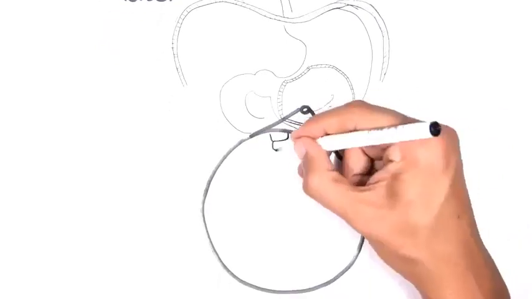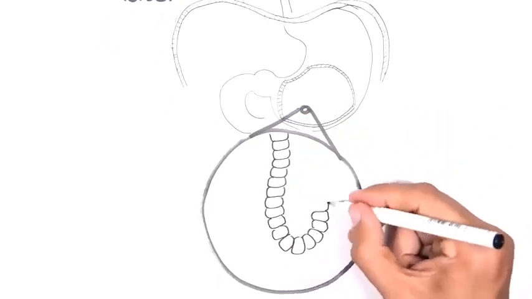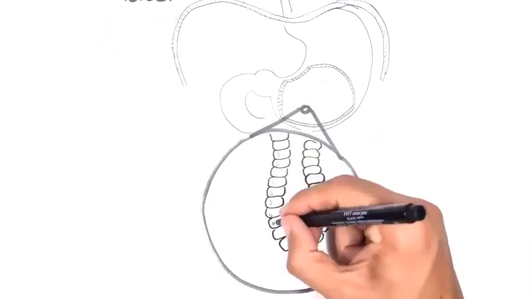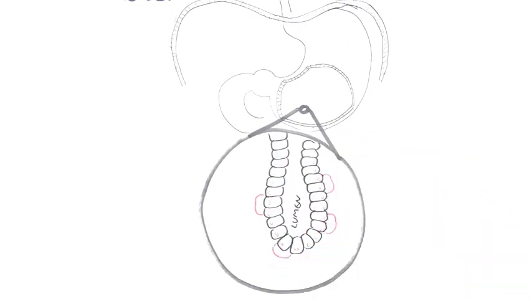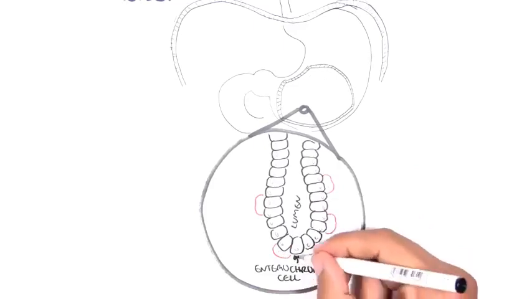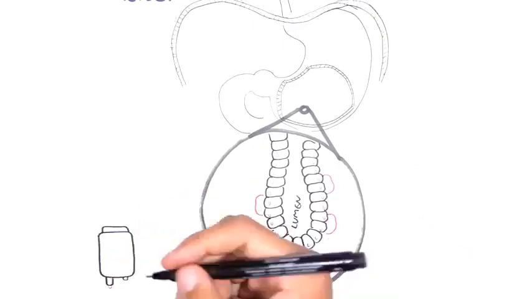If we were to zoom into the stomach, we can see they form deep pits and glands. And these are lined up by many different types of cells, one of which are called enterochromaffin cells.